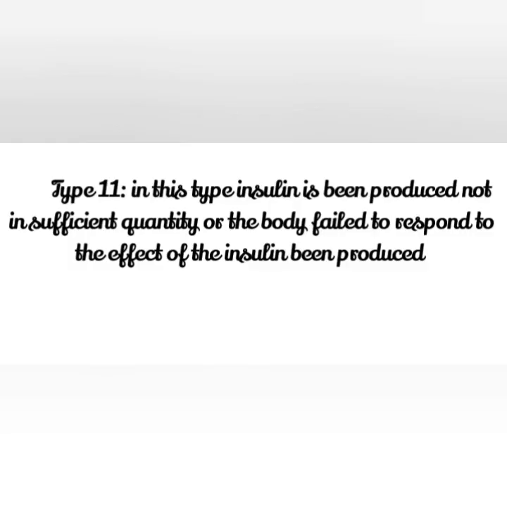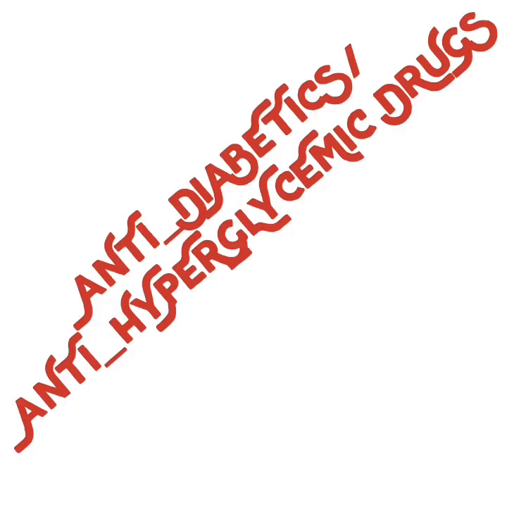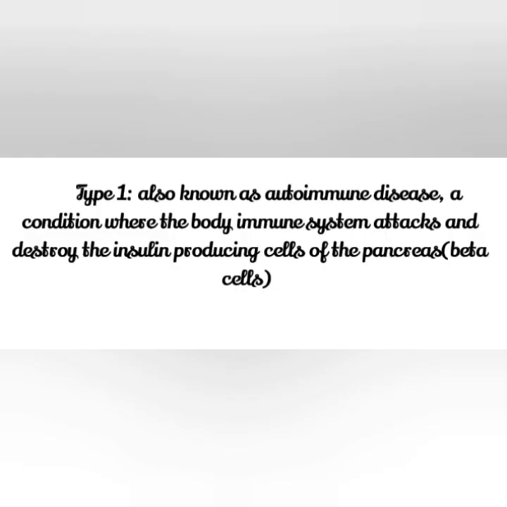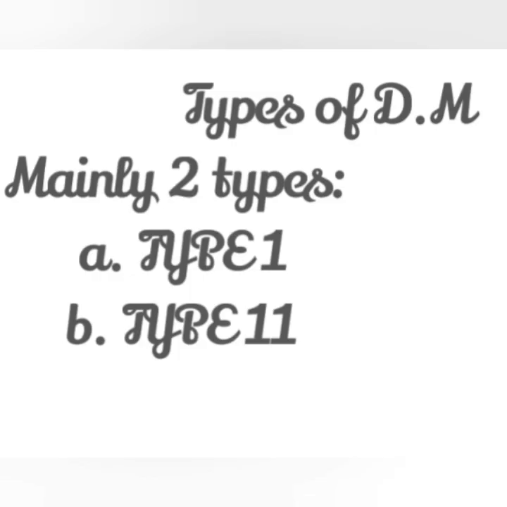In type 2, insulin is produced, but maybe not in sufficient quantity, or your body fails to respond to the effect of the insulin being produced. So this is what we should know about diabetes mellitus.